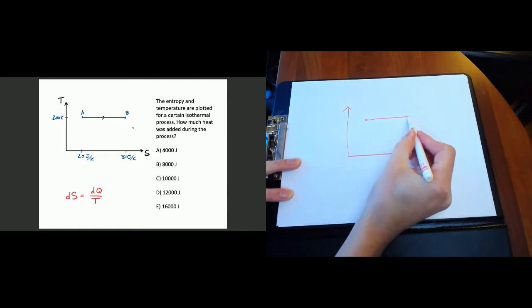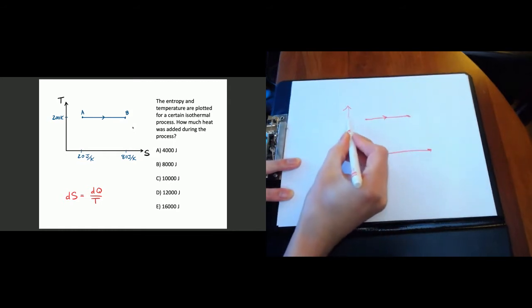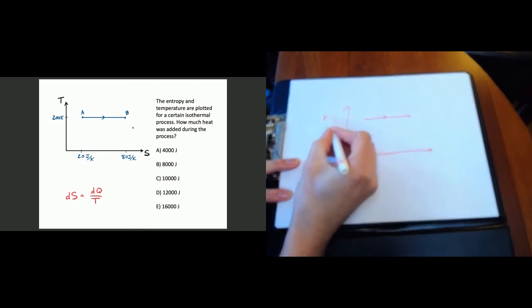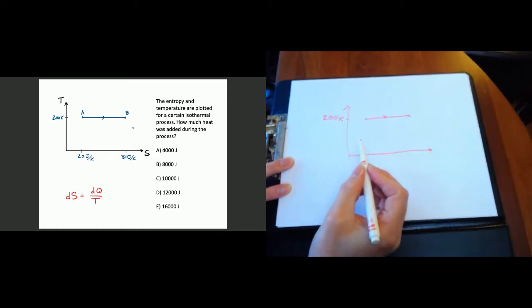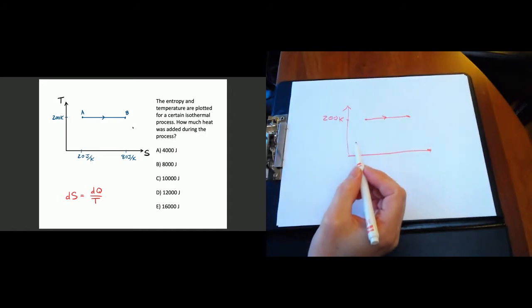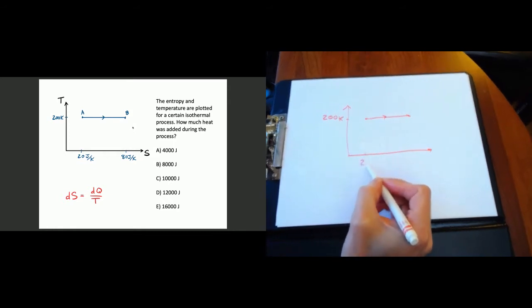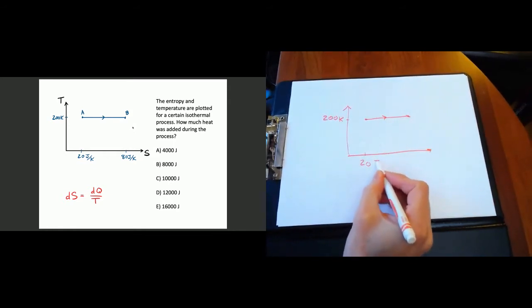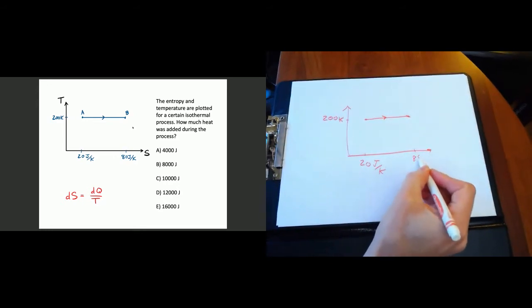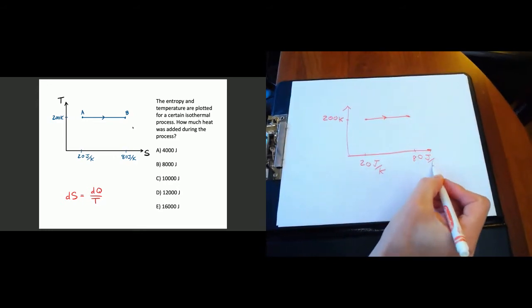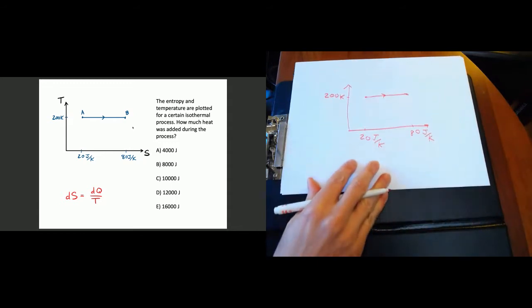Okay, so let's have a look at this process. It's clearly a fixed temperature process. So in TS diagrams, isothermal processes are just straight horizontal lines. And we see that we're going from an entropy of 20 joules per Kelvin to an entropy of 80 joules per Kelvin. And we want to calculate the heat.